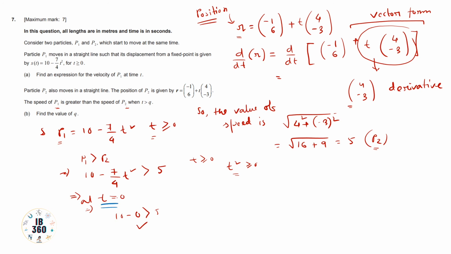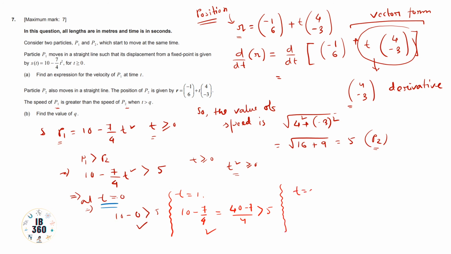Then we take the next value at t equals 1. So 10 minus 7 by 4, so basically it is 40 minus 7 divided by 4. Yes, it is also greater than 5. So it is also satisfactory.